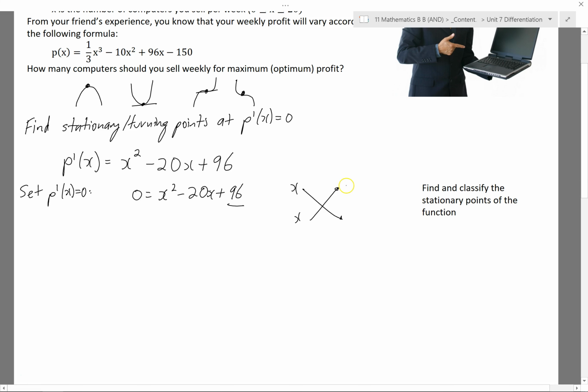I think it's something to do with my 12 times tables. I'll have 12 times, I believe, 8. Does that work? 8 times 12, 80, and 16, 96. Sounds good. What I need to get a negative 20 in the middle, so both of these need to be negative. When I multiply across the crosses, I have minus 12x and minus 8x, giving me the minus 20 that I was after. So this is going to factorize to x minus 12, x minus 8, equals 0.